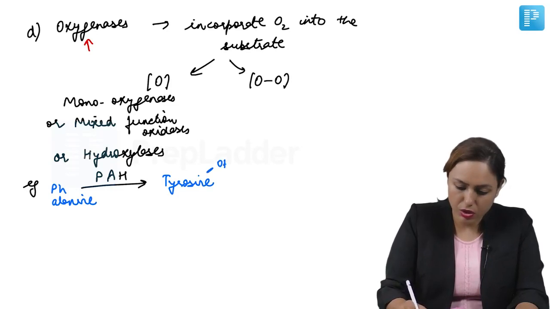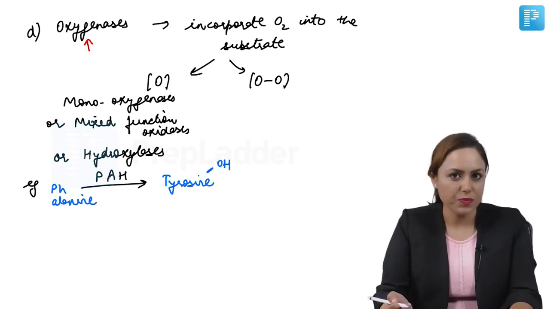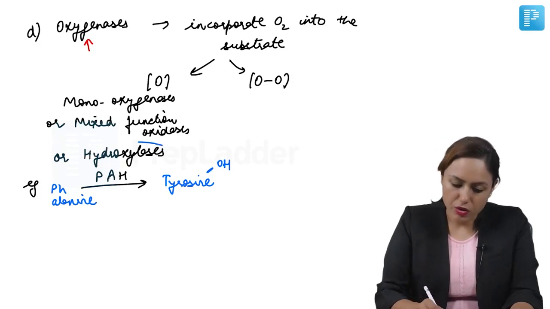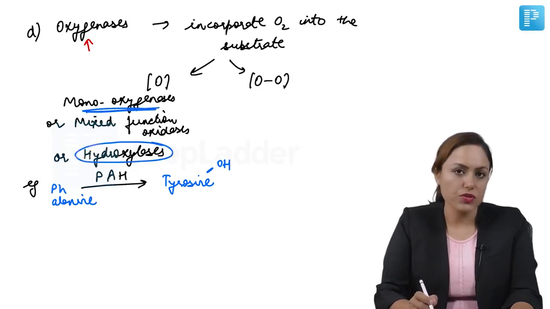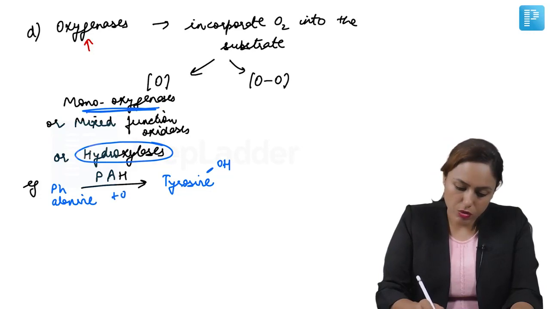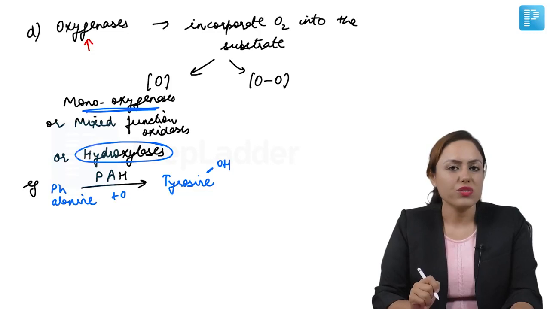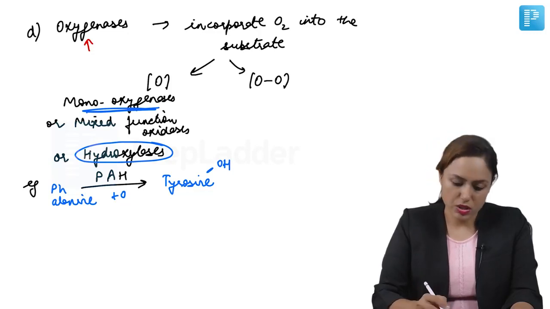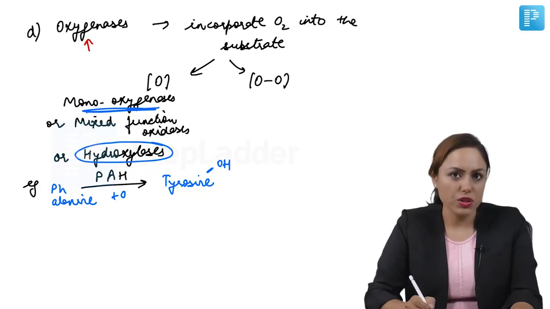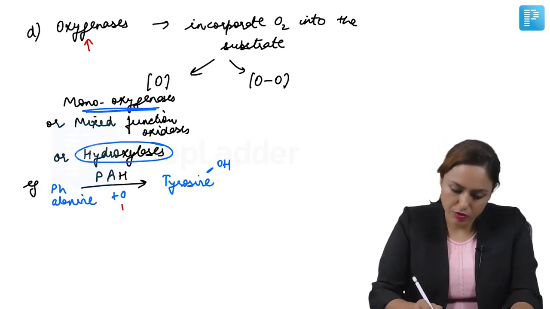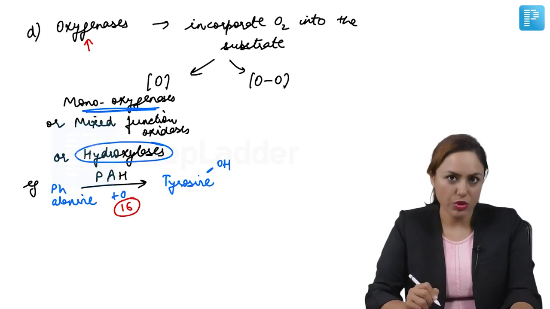And in tyrosine, you can see one OH group present. But be careful with one point, that hydroxylases are monooxygenases, meaning only one O is added in this reaction. So if I ask you what is the difference of molecular weight between phenylalanine and tyrosine, the difference will be 16.